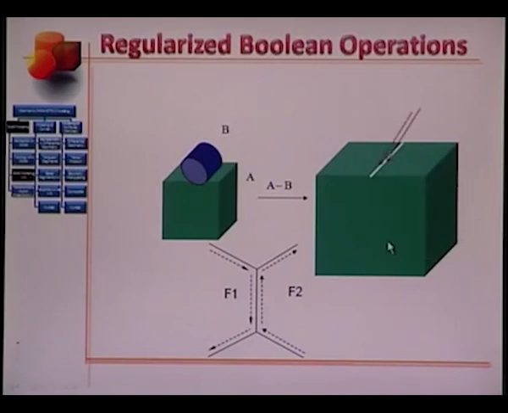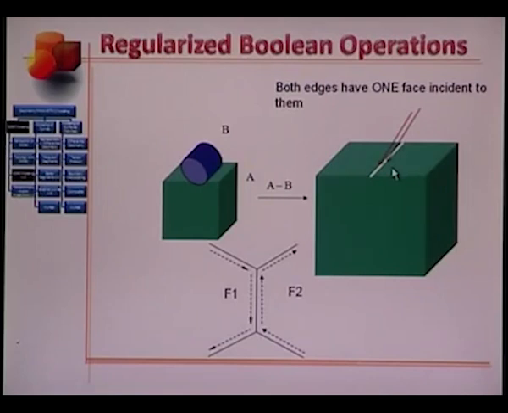So there are two edges, and if you look at any one of the edges, that edge will have only one face incident to it. If you look at the edge on the left, it will have only the left face which is incident to it, and likewise for the right edge.